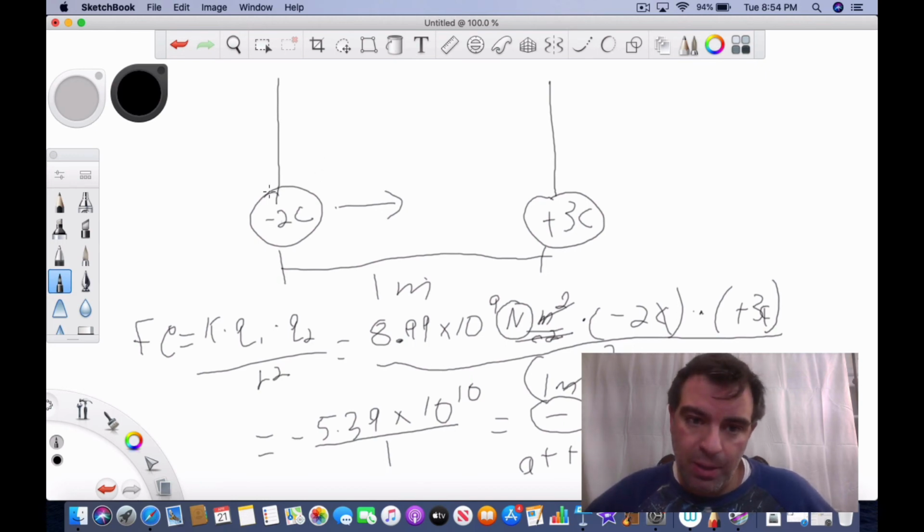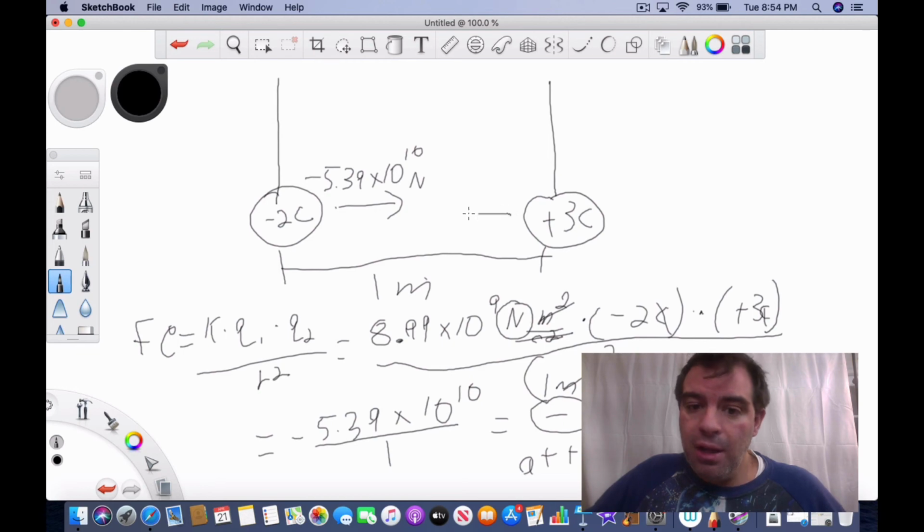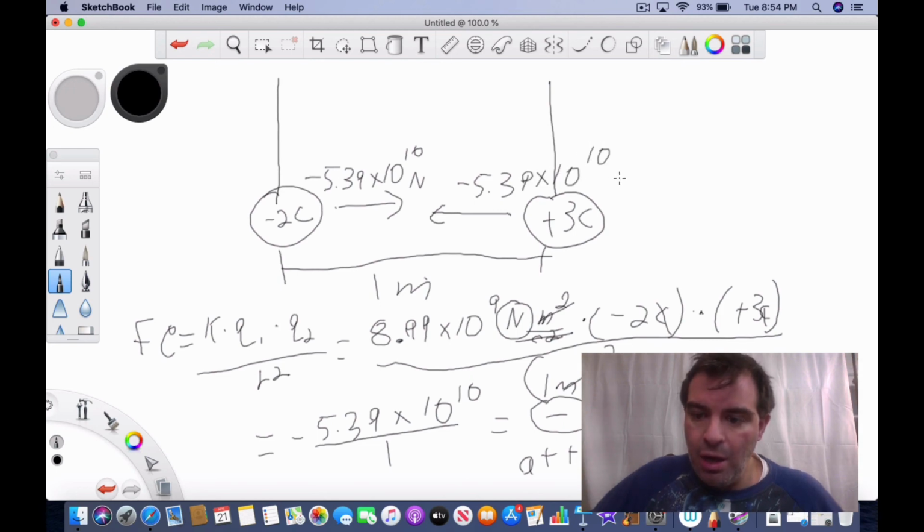Going back to the diagram, the -2 sphere exerts a force of -5.39 times 10 to the 10th newtons on the +3 coulomb sphere, and the +3 coulomb sphere will exert the same exact force on the -2 coulomb sphere, again -5.39 times 10 to the 10th newtons, because of Newton's third law: for every action, there's an equal and opposite reaction.